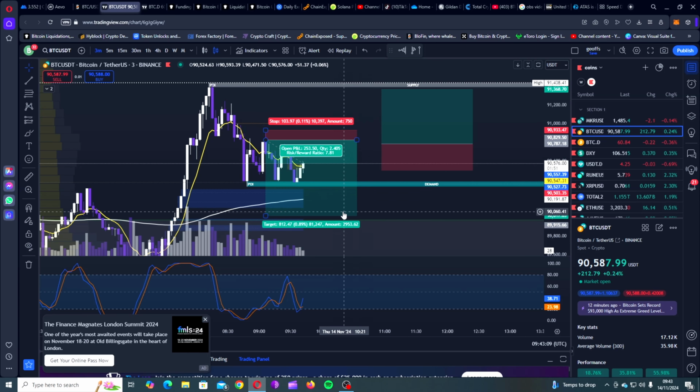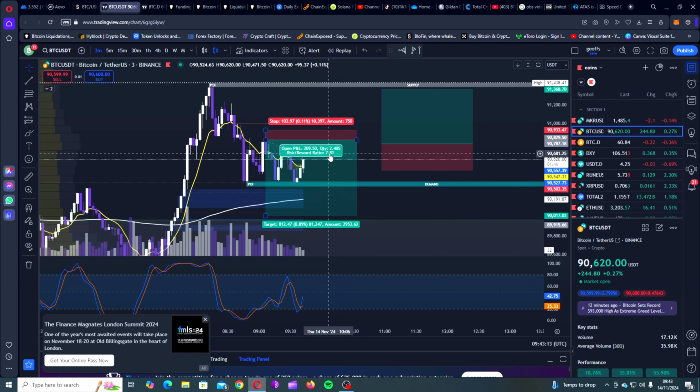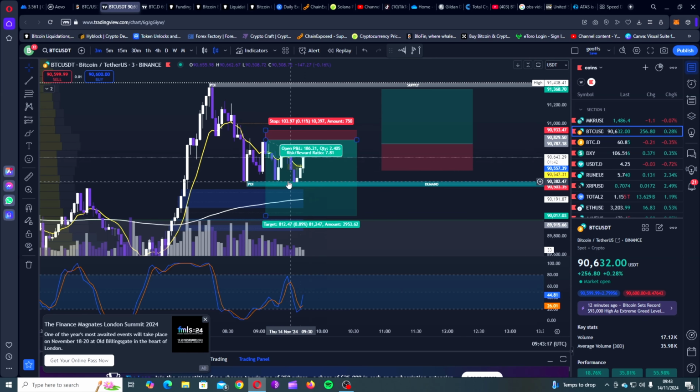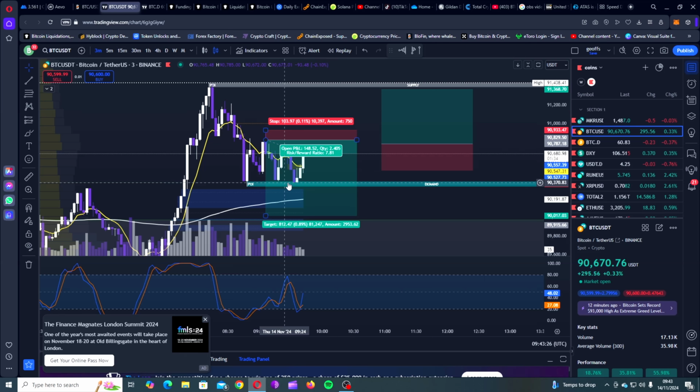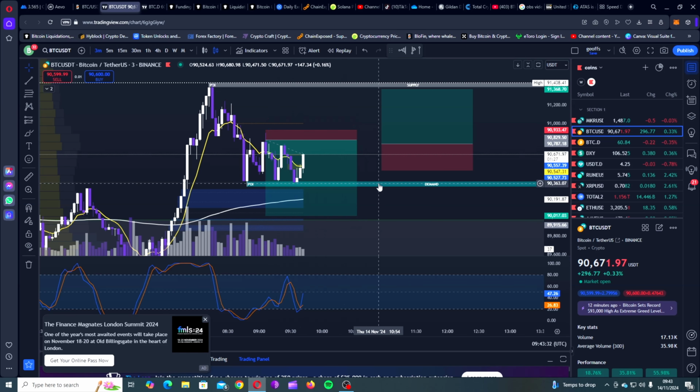My full TP is down at this area here, but look at how much your risk to reward keeps increasing. So like I say, if you want to take your partials here, that's not a problem. As we can see at the minute, we seem to be creating a strong band here on this trade.